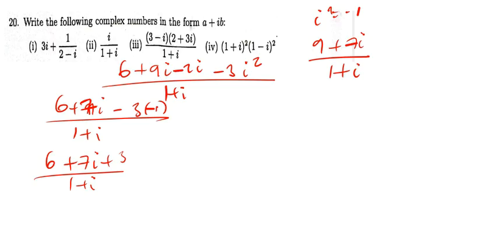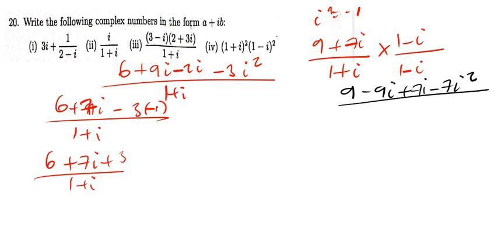When you reach this point, you can multiply by the conjugate, 1 minus I over 1 minus I. Then, like I said, the top part you multiply the way it is. 9 times 1 is 9. 9 times negative I is negative 9I. 7I times 1 is 7I. 7I times negative I is negative 7I squared.